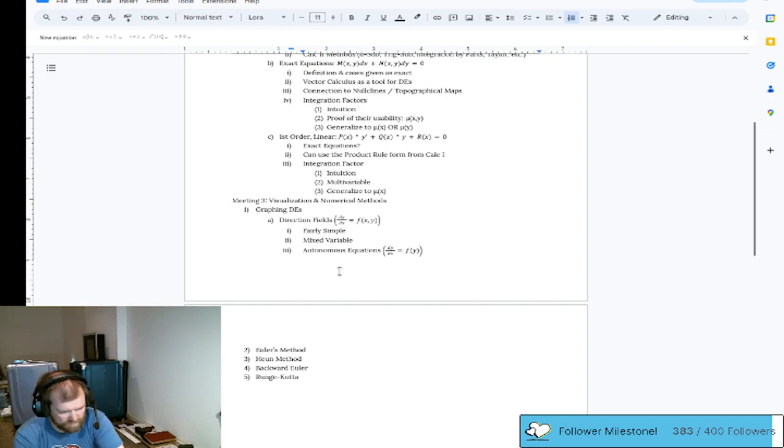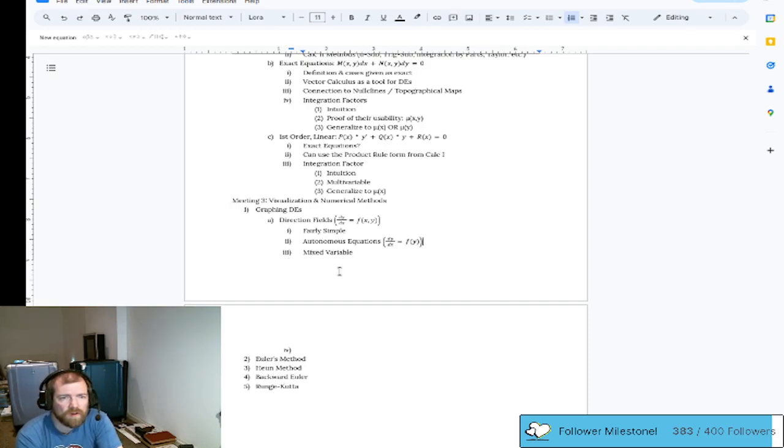And with autonomous equations, we use... what are those called? It's just a number line instead of using a full two-dimensional plane.